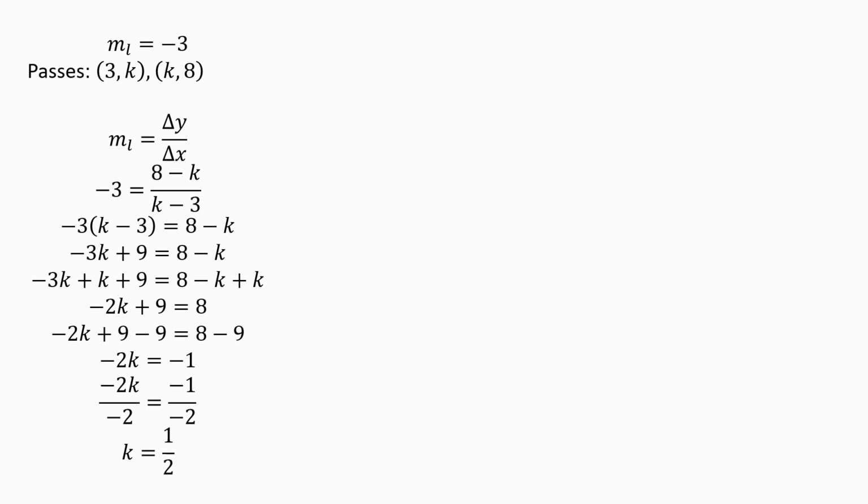The next step is to find the equation of the line in the form ax + by = c. To obtain the equation of that line, we are going to use any of the points. We can either use the point (3, k) or (k, 8). In our case, we are going to use the first point, (3, k), and our k is now 1/2.